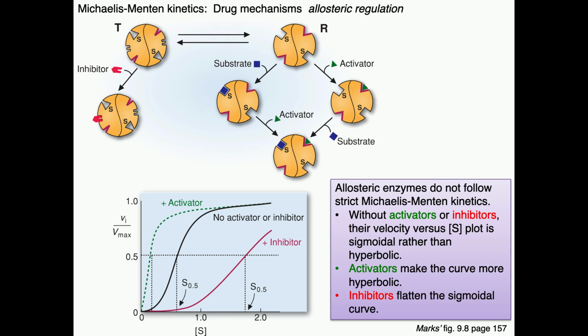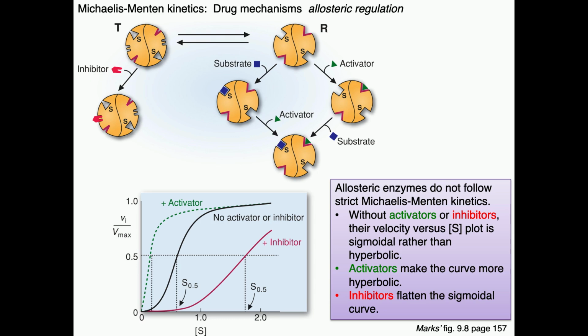The S0.5 is equivalent to the Km in a monomeric enzyme. The sigmoidal shape of the velocity-substrate concentration curve for the multimeric enzymes becomes flatter and more shifted to the right with the allosteric inhibitors, and then the allosteric activators shift the curve to the left and make it more hyperbolic. Okay, is that clear?